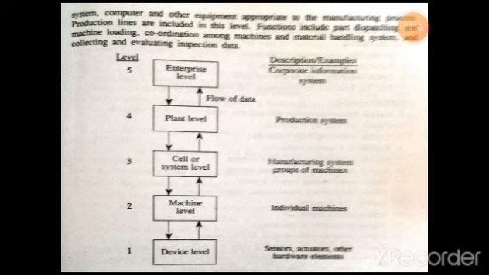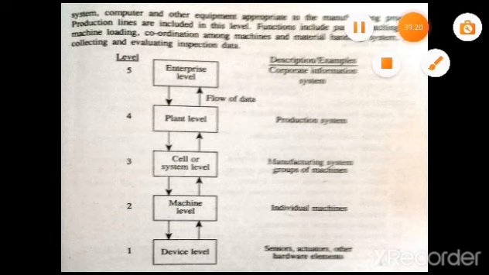Coordination among machines means perfect working among the machines, with a correct material handling system, collecting and evaluating inspection data. So that is collection of the inspection of the job being produced and taking the necessary action. Everything is done at the cell or system level itself. That is what you are going to see on the screen here.